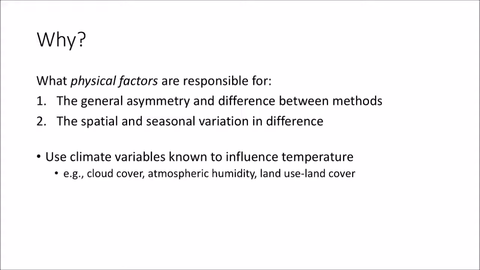To go about this, I use just basic climate variables known to influence temperature, and especially its diurnal range, not just temperature, but also how it changes throughout the day. So of course, your classic factors at both the surface and up in the atmosphere, so cloud cover, humidity, but also land use, land cover, and soil moisture can also be very important for temperature, and are seasonally dependent, and then of course help to explain those seasonal patterns shown.